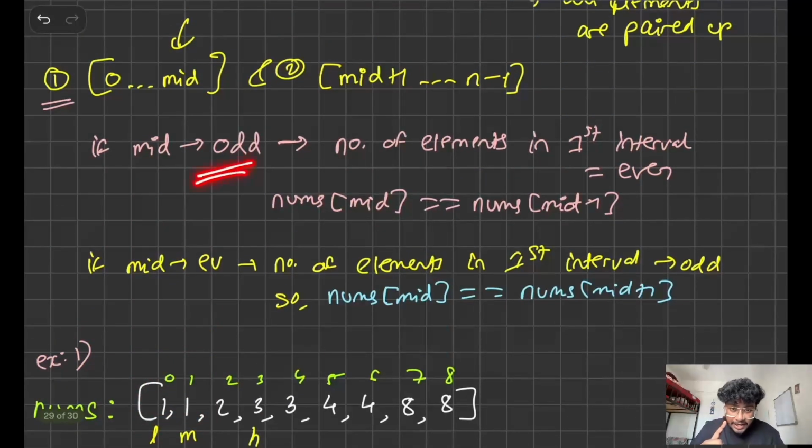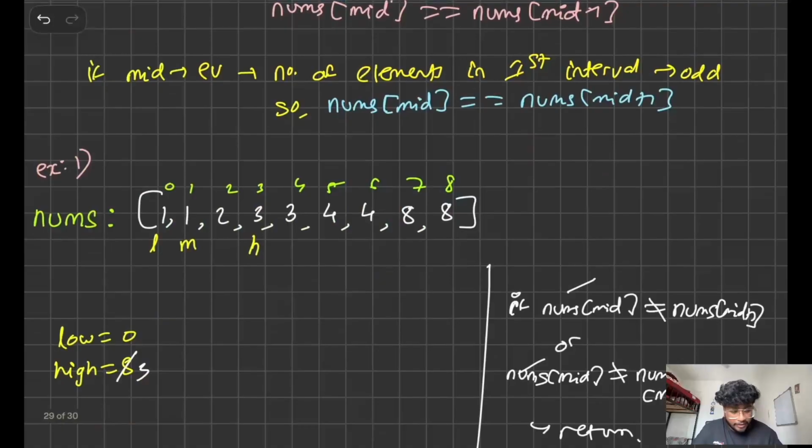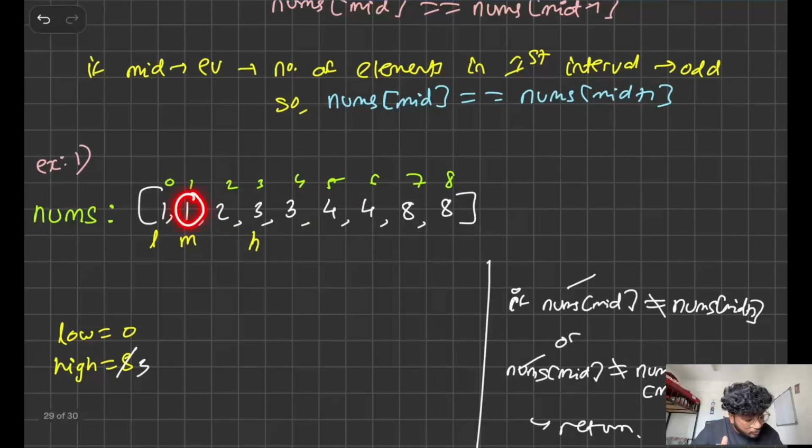In the ideal case, if my mid is odd, the number of elements is even, right? So my nums of mid should be equal to nums of mid minus 1. In the ideal case, this should happen. Is this case following? My nums of mid is equal to my nums of mid minus 1.